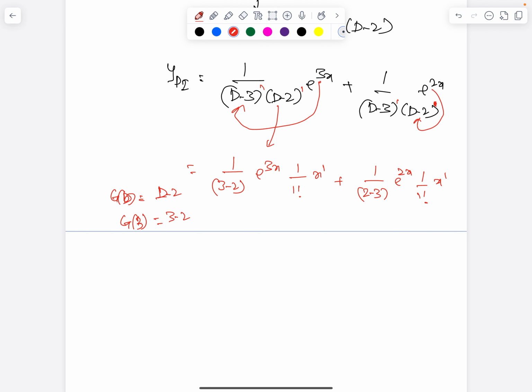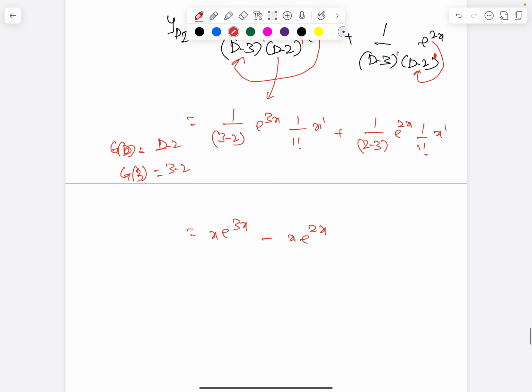So this implies e power 3x into x, and the other one is minus x into e power 2x, is the solution, the particular integral for the differential equation y double prime minus 5y prime plus 6y is equal to e power 2x plus e power 3x.